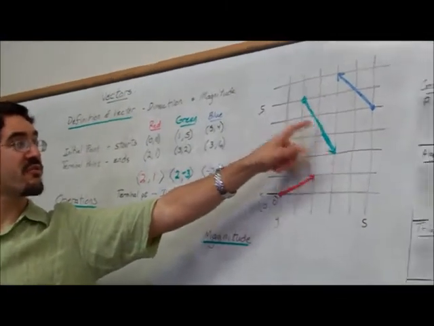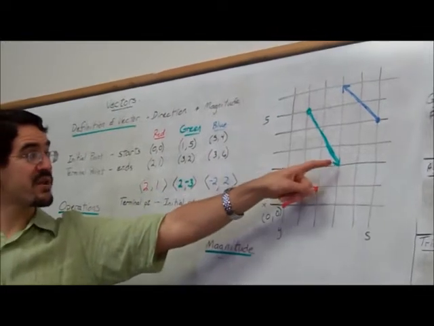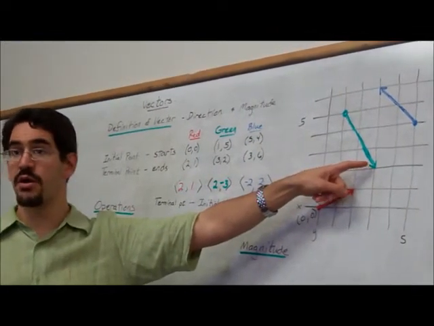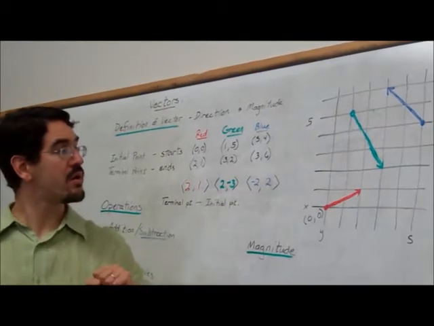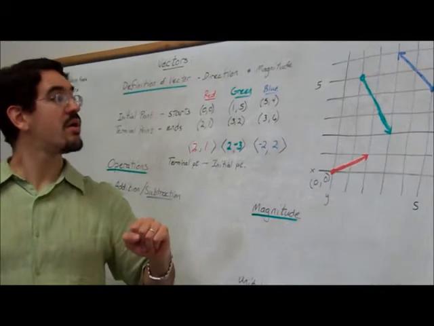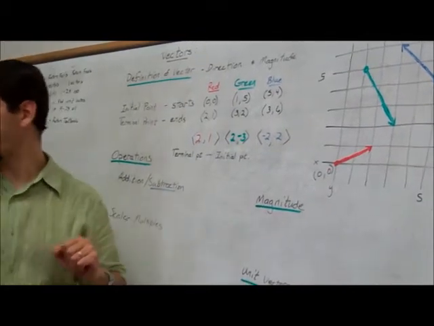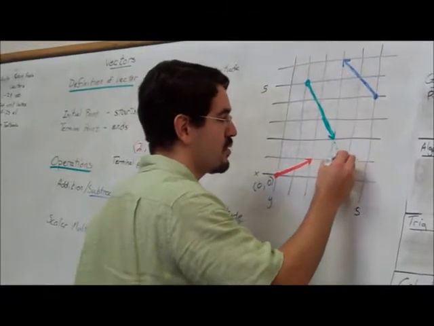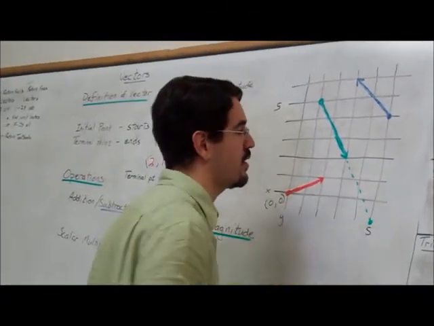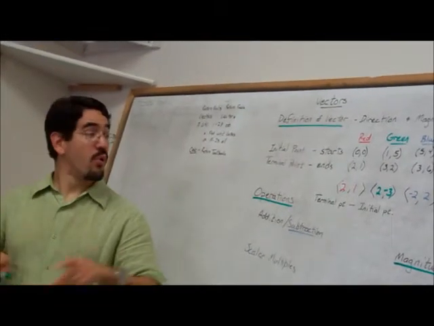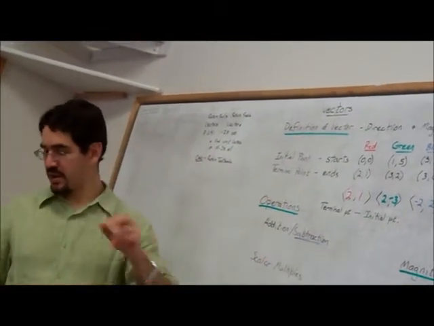We started up here and we went down here. Now what if we use that vector again? What point will it bring us to from here? 5, negative 1, exactly. If you were to continue that vector again, it would bring you down to there. We'll come back to that in just a moment.